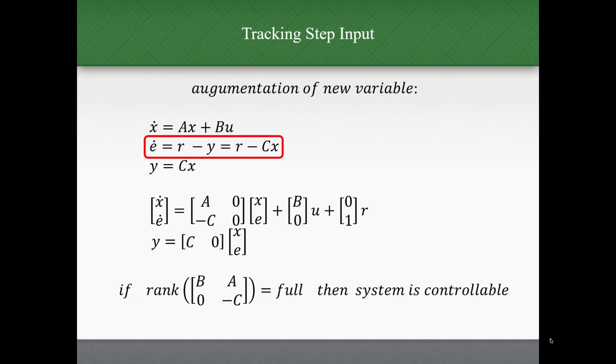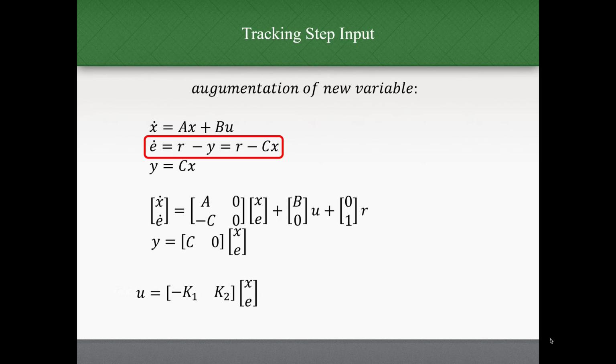And to see if this new model is controllable, we need to calculate the rank of a new matrix including B, A, 0 and A minus C, which if its rank is full, then the new system with the new parameter will be controllable.